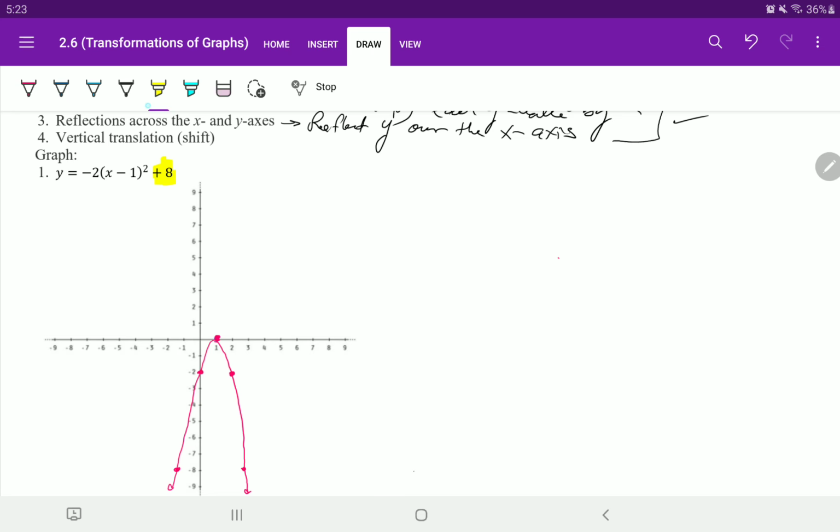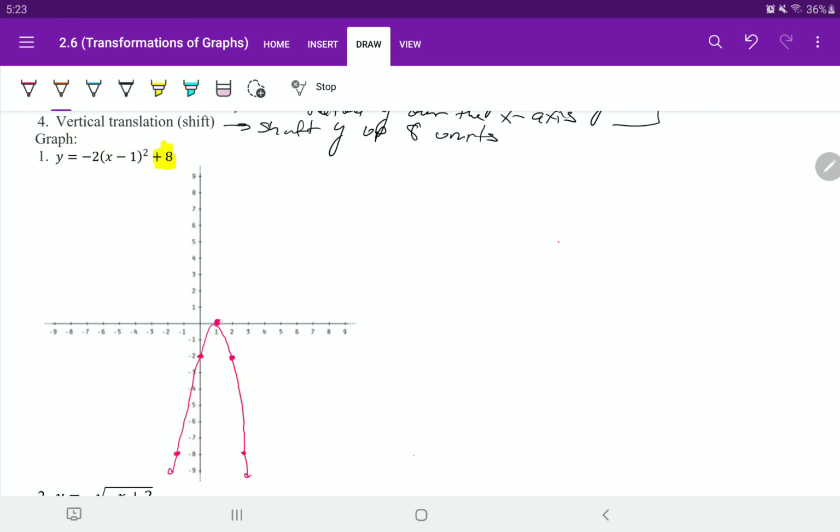So now we're going to shift y up 8 units. So every point will be shifted up 8 units. Let's use red. So this point of 1, 0 will be shifted up by 8 units. And that will be 1, 8. 0, -2 will be shifted up by 8 units.